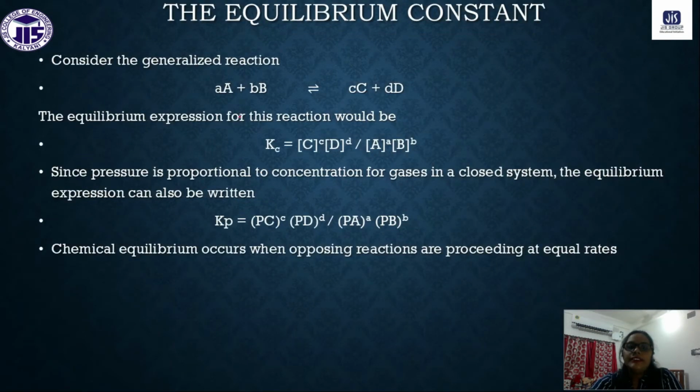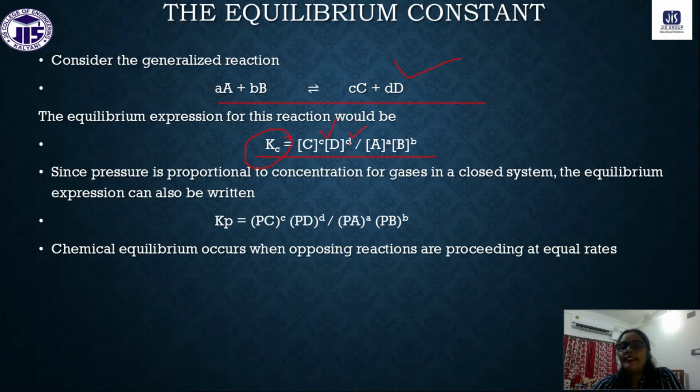Now this is the equilibrium constant. If we have a reaction where A and B are our reactants and C and D are our products, then the equilibrium constant is the multiplication of the product concentrations divided by the multiplication of the reactant concentrations. Whatever amount of reactant or product we have taken will go into the power.